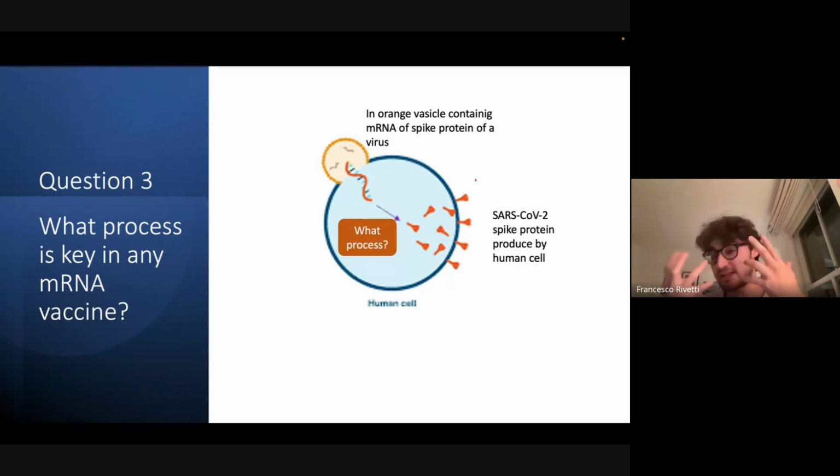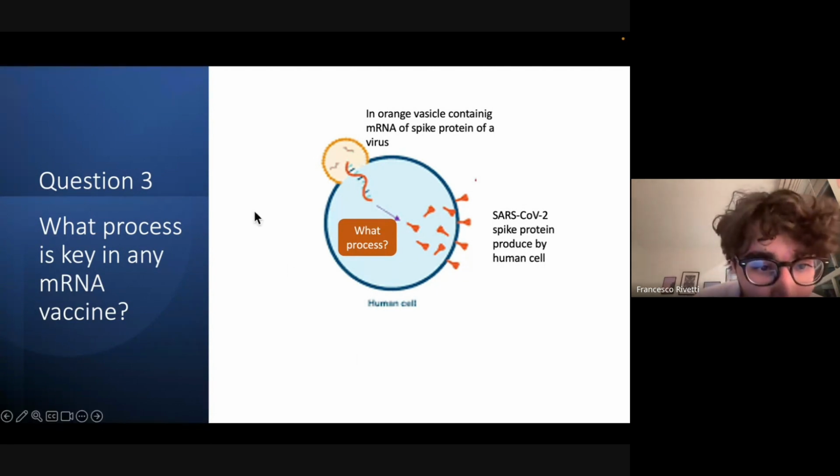The vaccine itself contains the mRNA, which is why it's called an mRNA vaccine, for the spike proteins of the SARS-CoV-2 virus. When these proteins are produced, they are recognized by our body, which says, oh, this is from a virus, let's kill it.